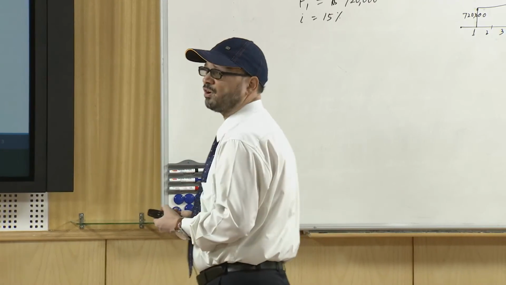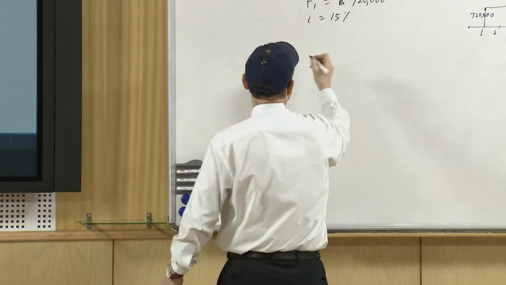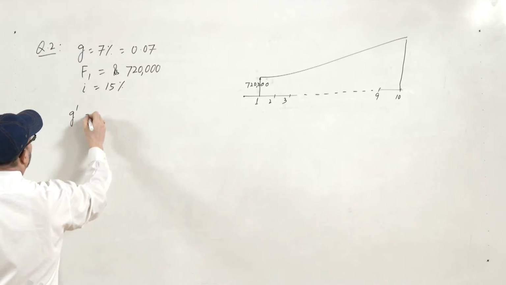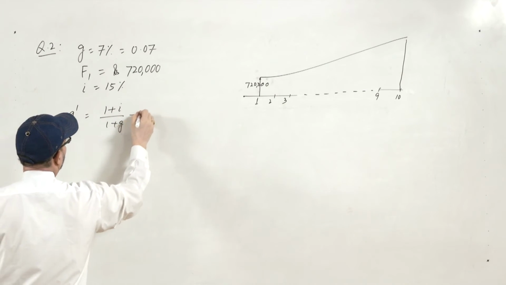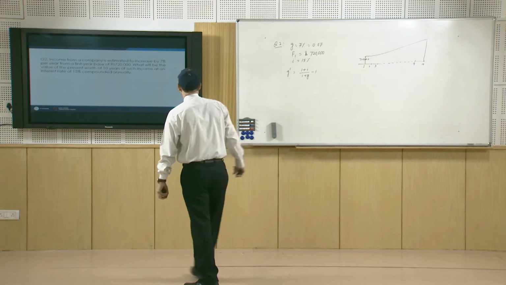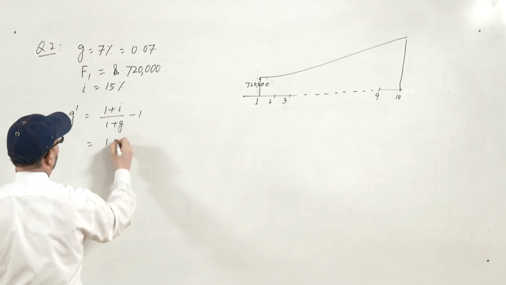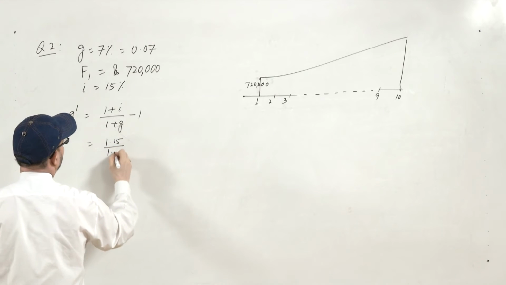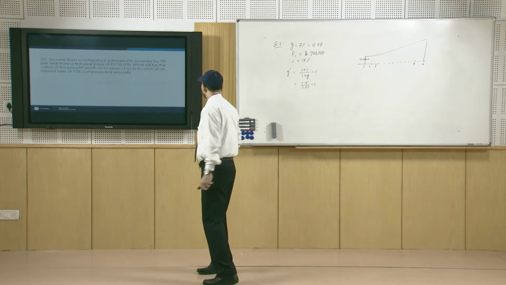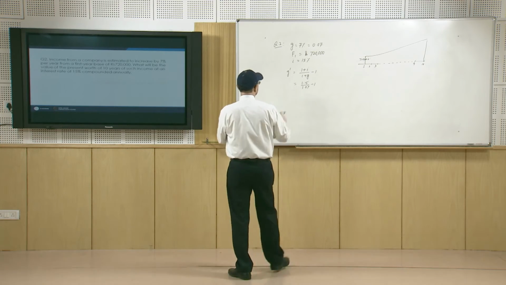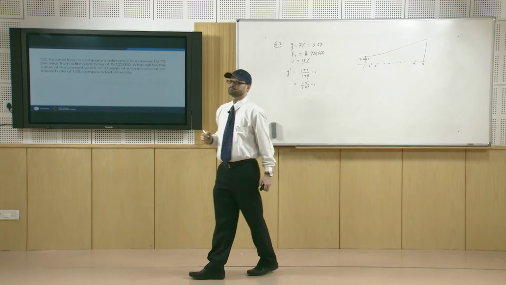And we know in this, first of all, we have to calculate G prime. So, G prime is nothing but (1 plus I) upon (1 plus G) minus 1. So, what you see is 1.15 upon 1.07 minus 1, because I is 15% and G is 7%.